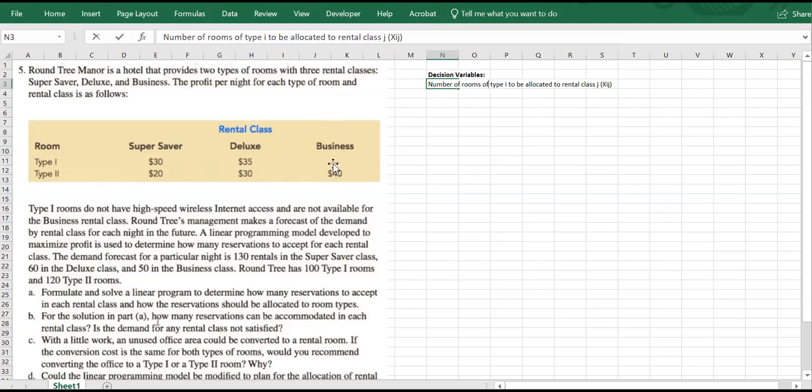As you can see here, it's impossible to allocate. So X13 is not working, is impossible. In total, we have 5 decision variables.